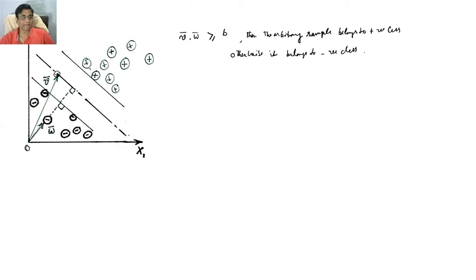For example, if the sample is here, I will have the position vector, and I will take the projection. Say this is my position vector for the sample which is here, a negative sample.